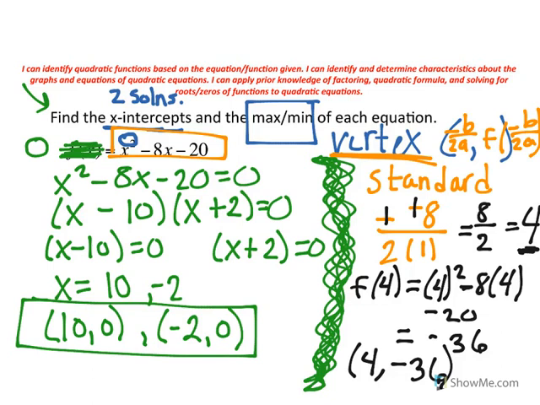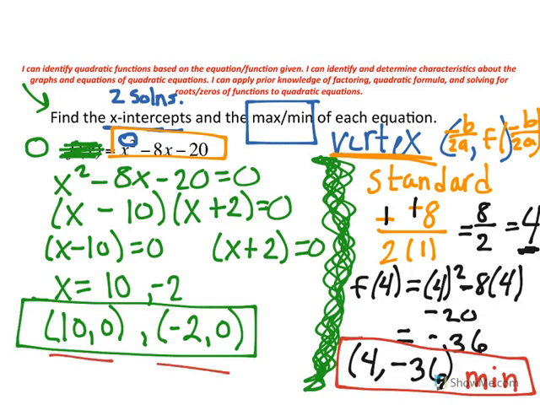If it is a negative x squared term, then that means your graph opens down, making your vertex a maximum. And based on that rule, we are looking at a minimum. And so that is all the information we need. We've got our 2 solutions, our 2 x-intercepts, and then we've got our vertex, which is a minimum.